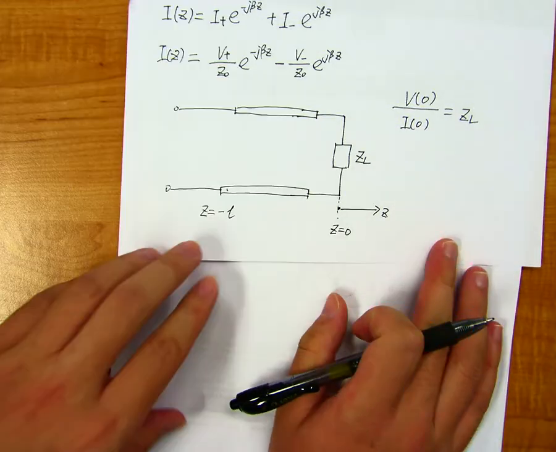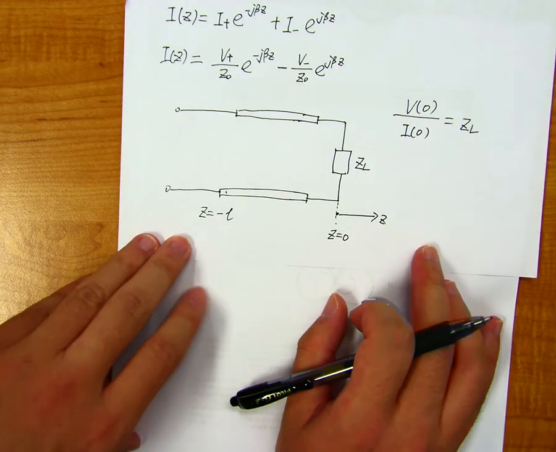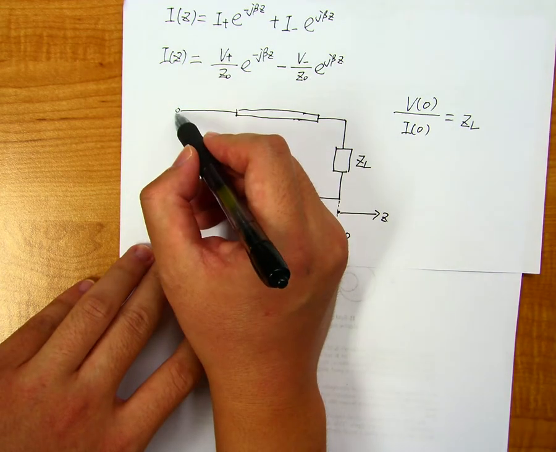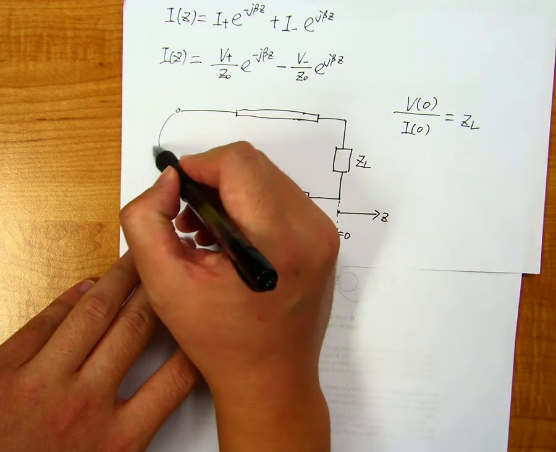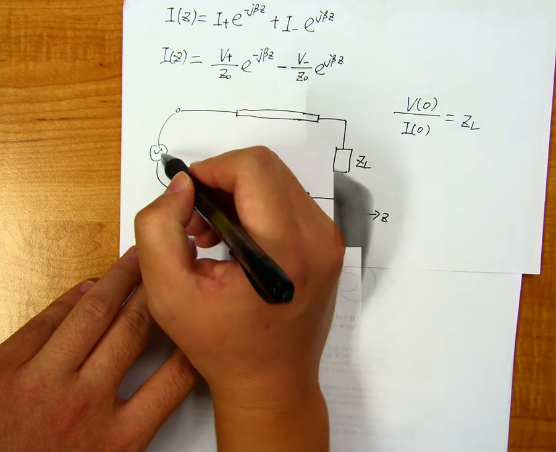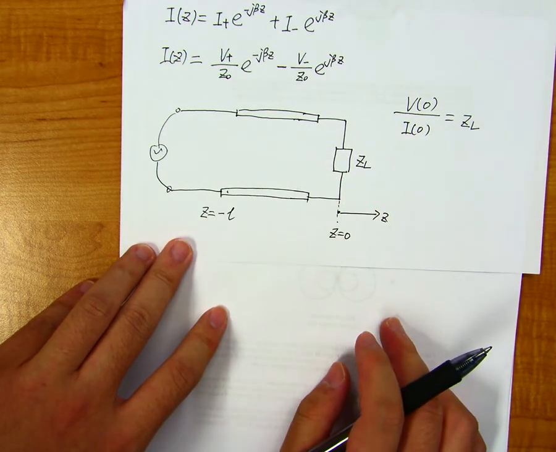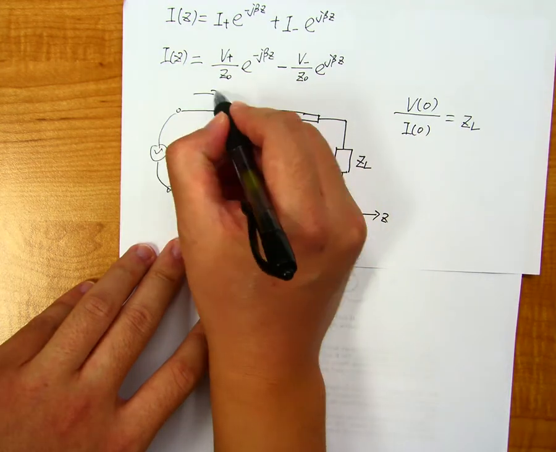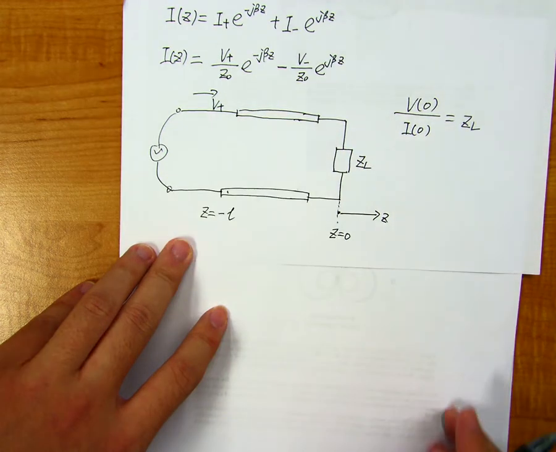So actually the physical picture here is, usually when we treat a transmission line, we think we have some kind of source here, and this source will launch a right traveling wave with magnitude V plus.